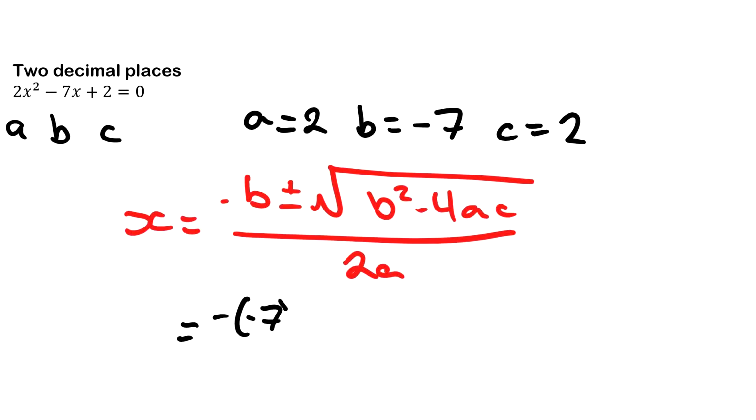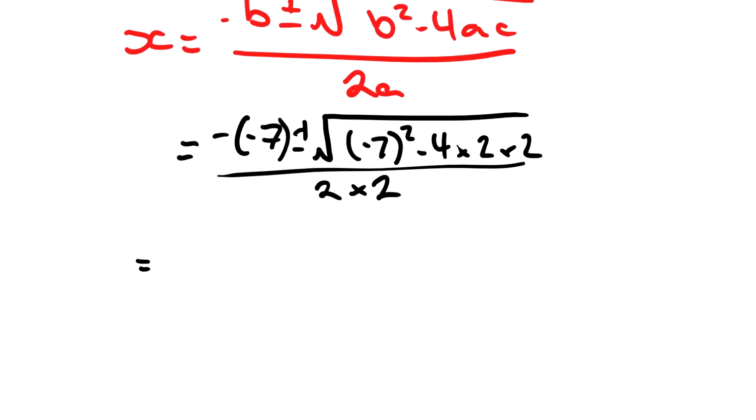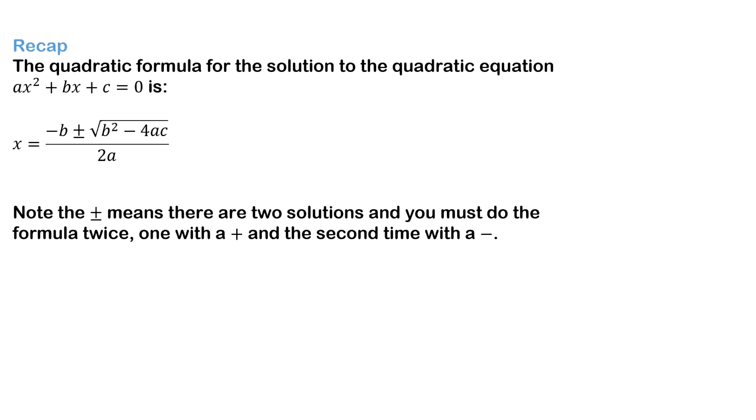So minus 7 plus or minus the square root of -7 squared minus 4 times 2 times 2 all over 2 times 2. So for the first one, if we use a plus, we get 3.19 if I round up, and if we use the minus, I get 0.31.